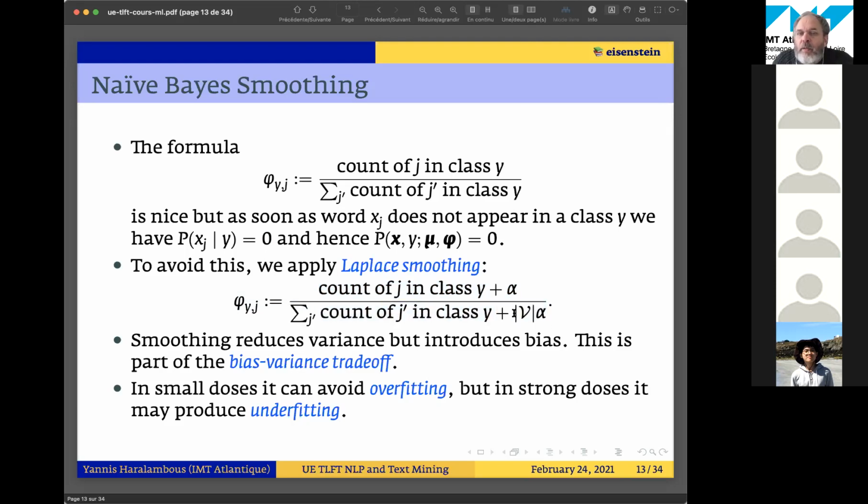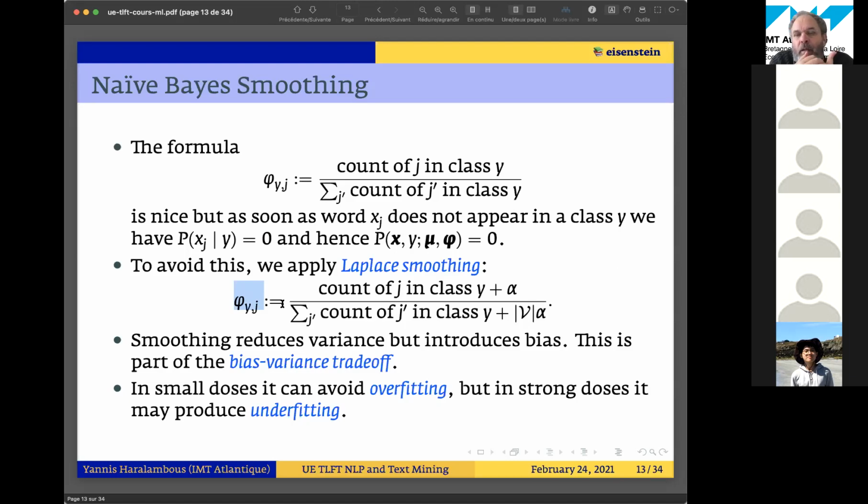And so we get here the size of the vocabulary times the same alpha, so that we keep the property that the sum of all the phi is equal to 1. So these are probabilities, but they are smoother in the sense that they are never 0.